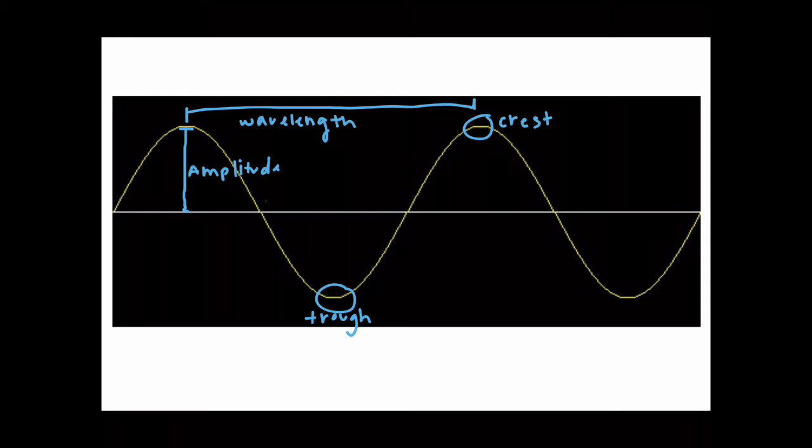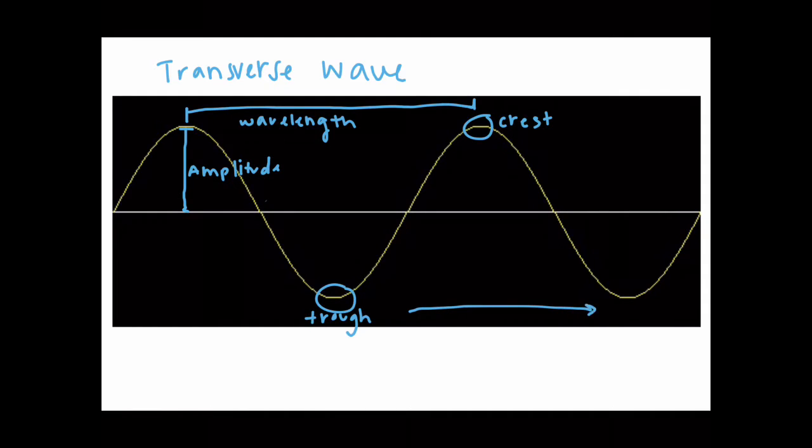When I'm talking about the standing waves on the string, which is what I'm really going to be focusing on here, we're going to be talking about a transverse wave. This is where the wave oscillates perpendicular to the direction of the wave path.